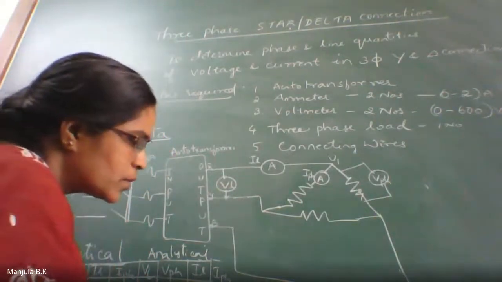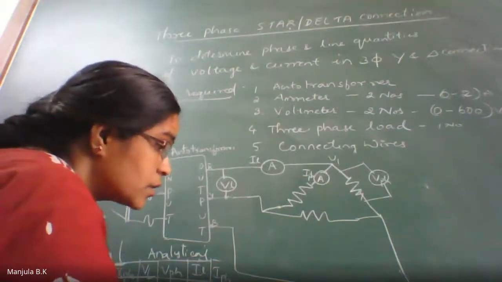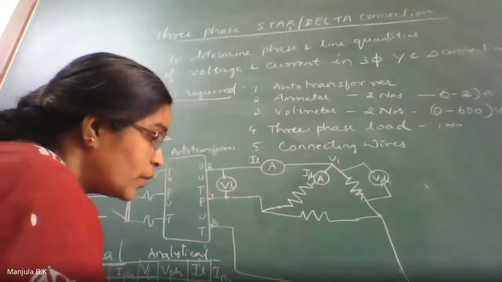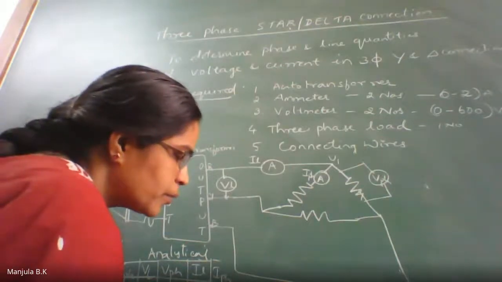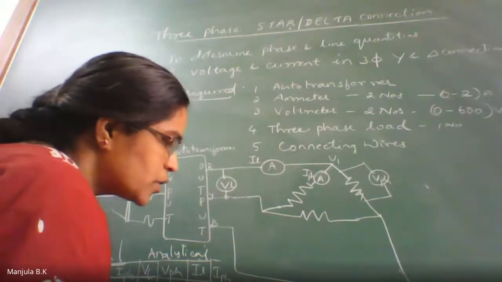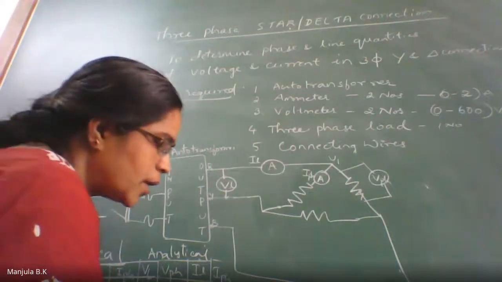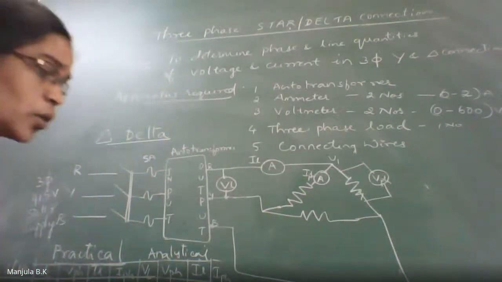First we will draw. So you have 3 coils: U1, U2, V1, V2 and W1 and W2. Always the end point of the first coil should be connected to the start point of the second coil, and the end point of the second coil should be connected to the start point of the third coil.